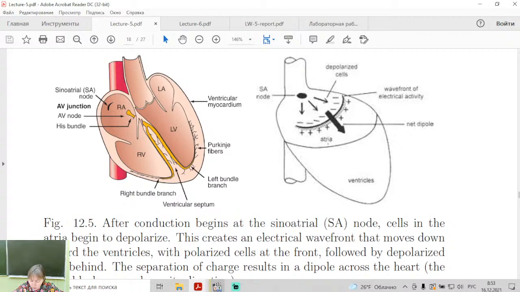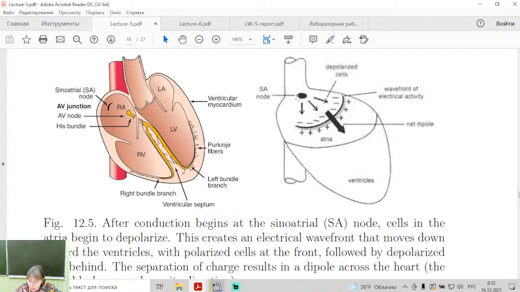Cells within the sinoatrial node, it is here, are the primary pacemaker site within the heart. These cells are characterized as having no true resting potential, but instead generate regular spontaneous action potentials.